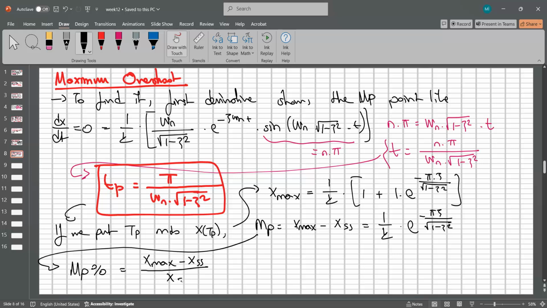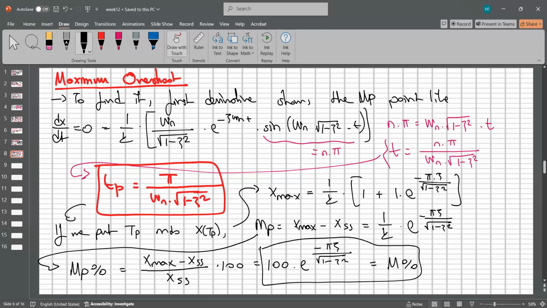But if we divide by the X SS, this is going to be the percentage representation of these terms, right? Times 100. And so, 100 times e to the power of minus pi zeta over the square root of 1 minus zeta square is equal to the maximum overshoot value. This formula comes from these terms. Okay?